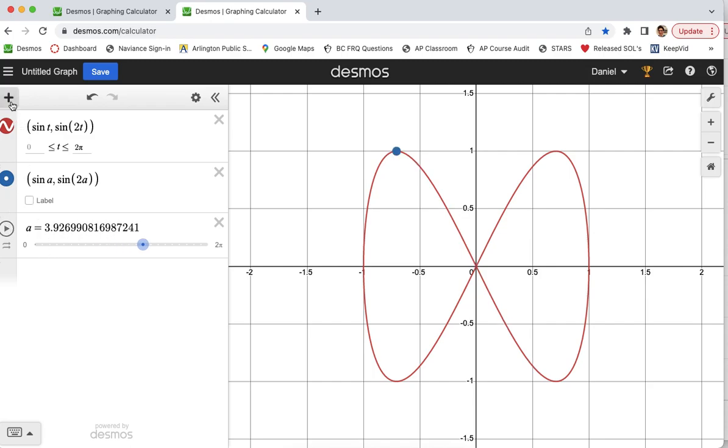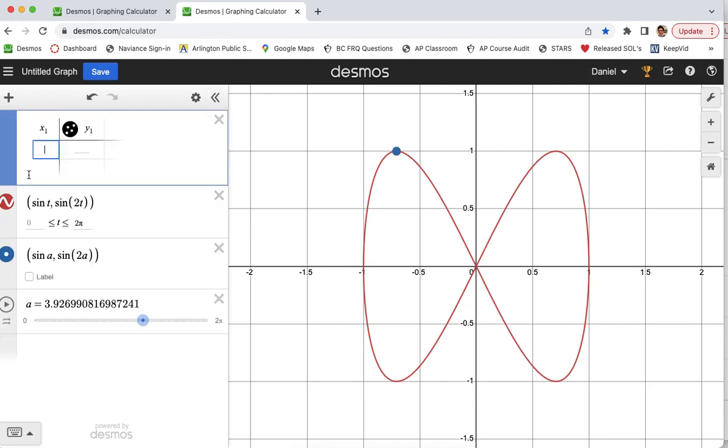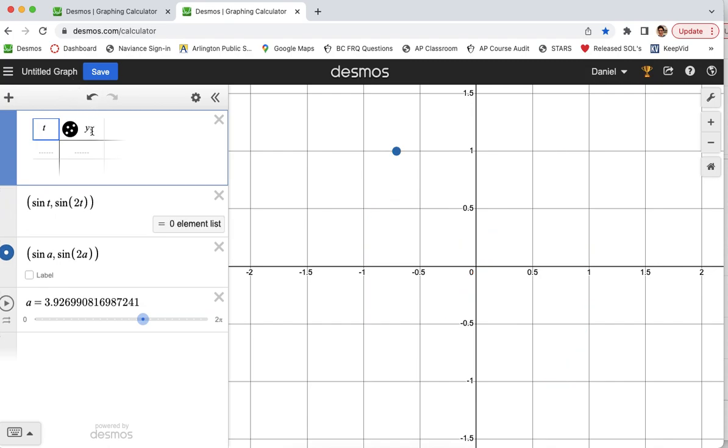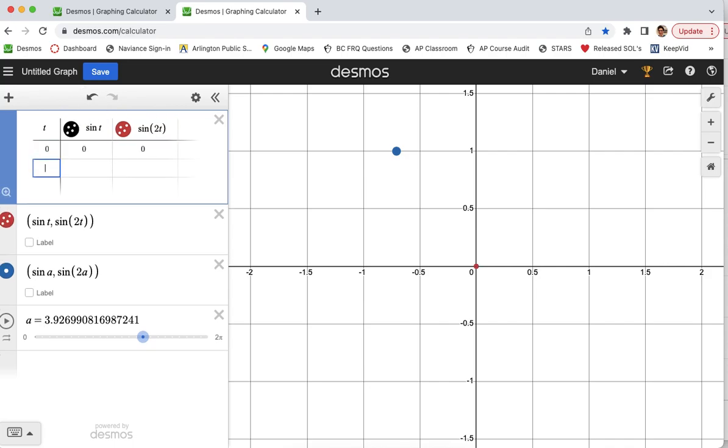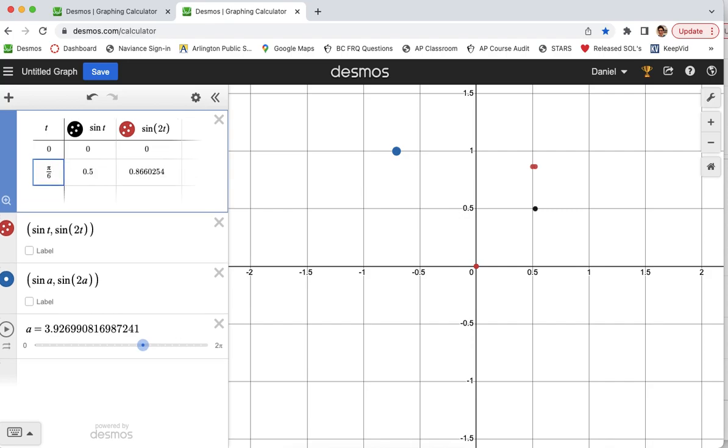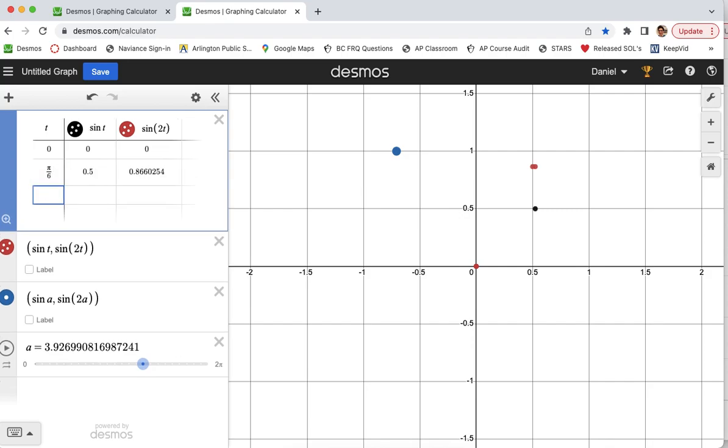Last thing you might want to do is make a table of values to show all of this, which you can certainly do. It won't graph this, but you can type in the table just the way we did before, and whatever y values you want to plug in, it'll plug in. We don't want these points to be graphed.